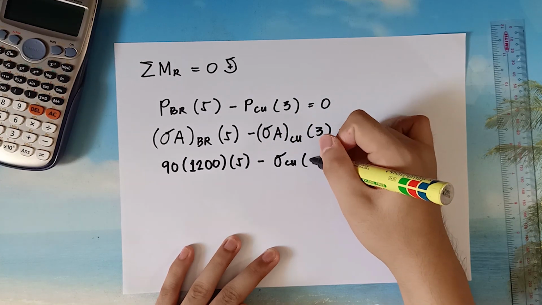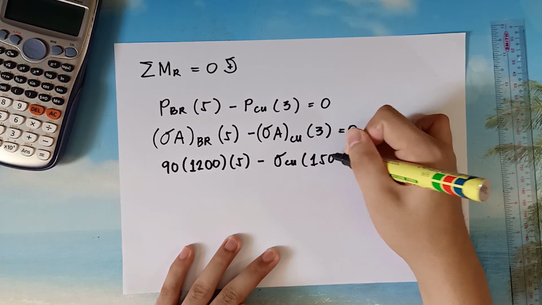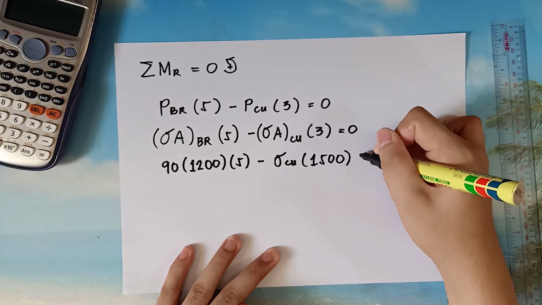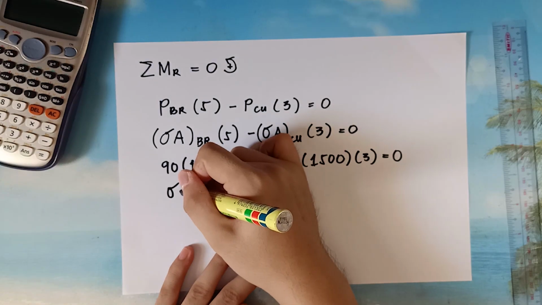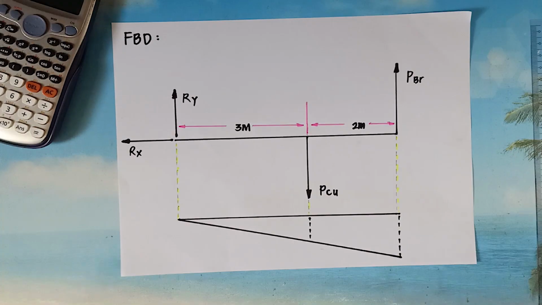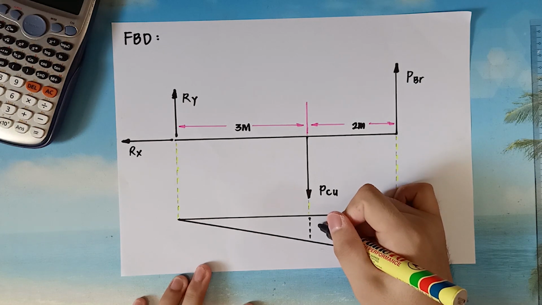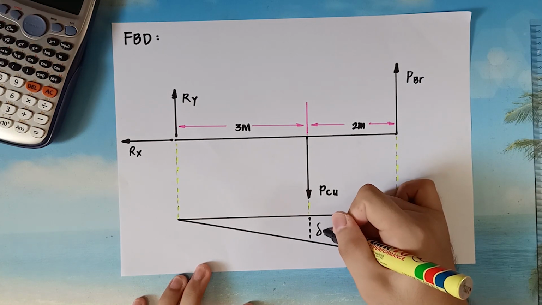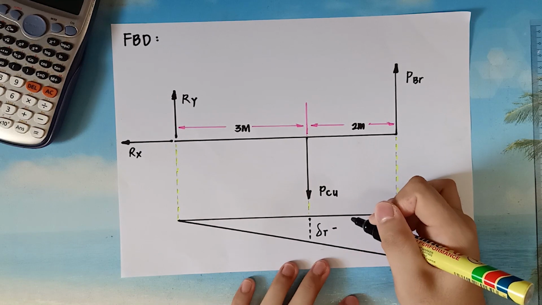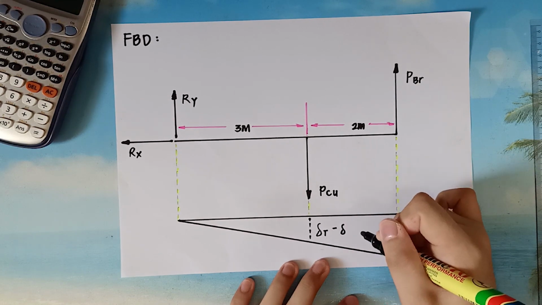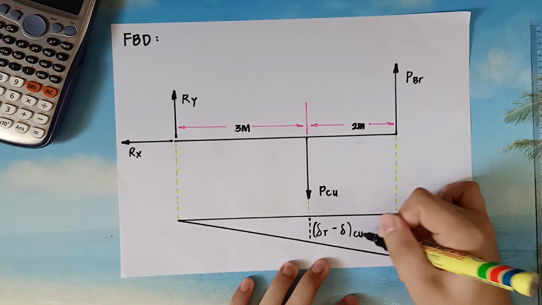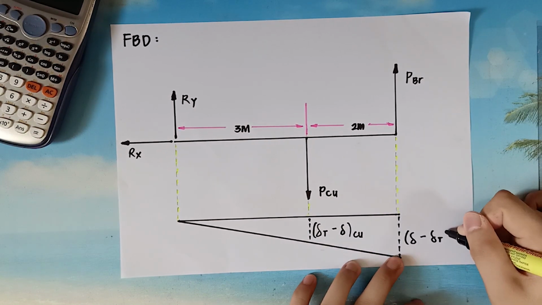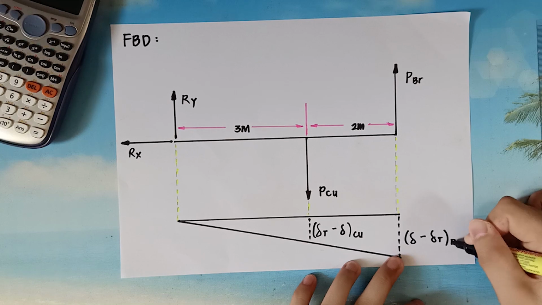By substituting and equating, we come up with the tensile stress for the copper equal to 120 MPa. We are going to do the deformation diagram of this figure, which is caused by the following strain. In the copper rod, we have its thermal strain minus its strain, and in the brass rod we have its strain minus its thermal strain.